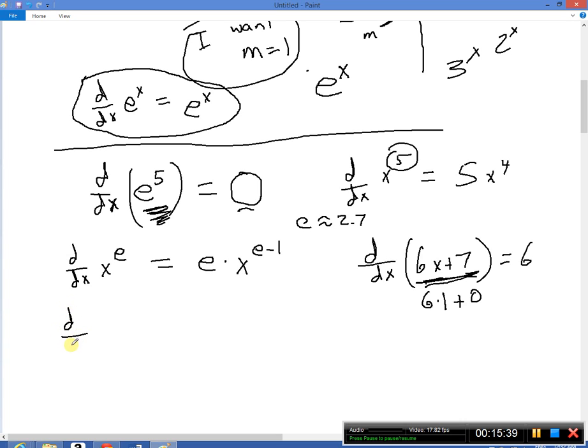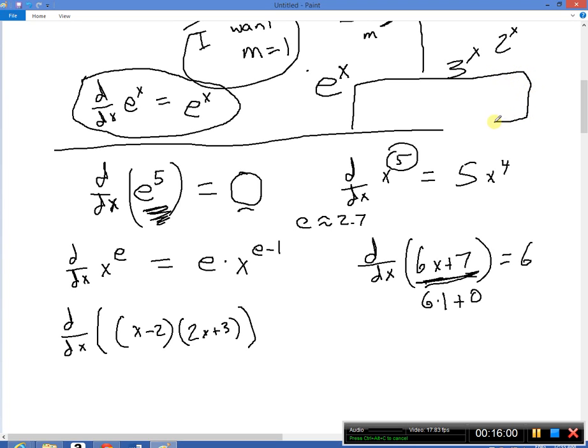What's the derivative of the product of these two things, x minus 2 and 2x plus 3? Now, before we do this, let's just take some room up here, this little box. Now I want to calculate the derivative of something we already know the answer to. What's the derivative of x times x?